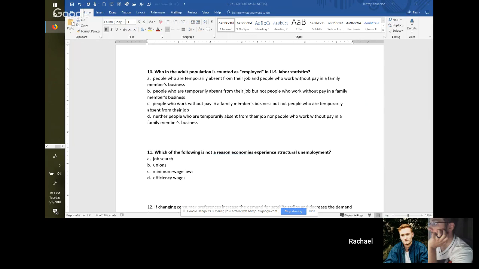I'm looking this up. One reason economies always experience some unemployment is job search. Job search is the process of matching workers with appropriate jobs. So yeah, if there's structural unemployment, then that would cause the reason. Yeah, that would be then, because if they can't match them, then that causes structural unemployment. So are you on 11?